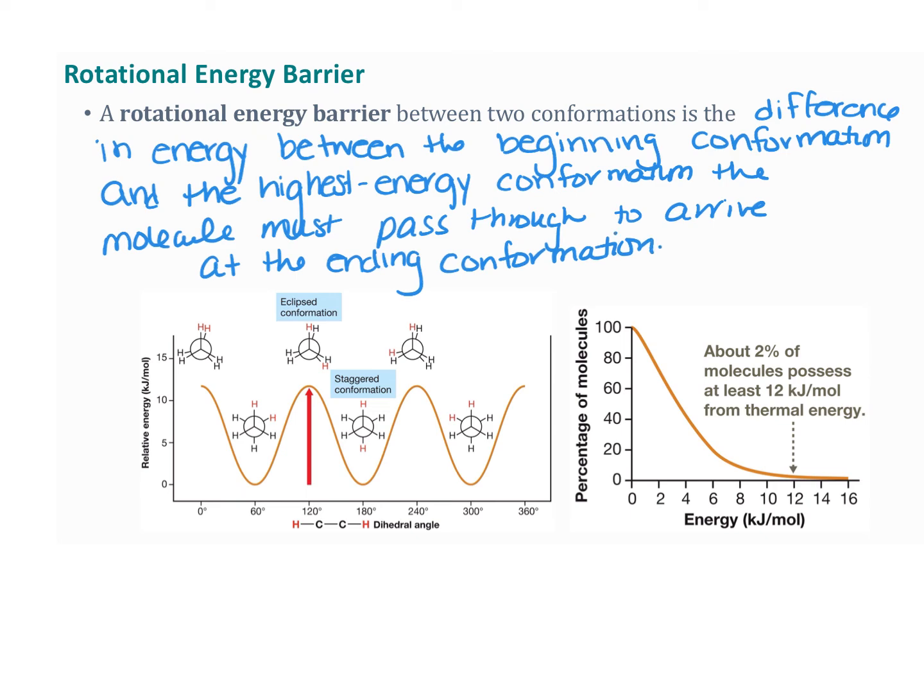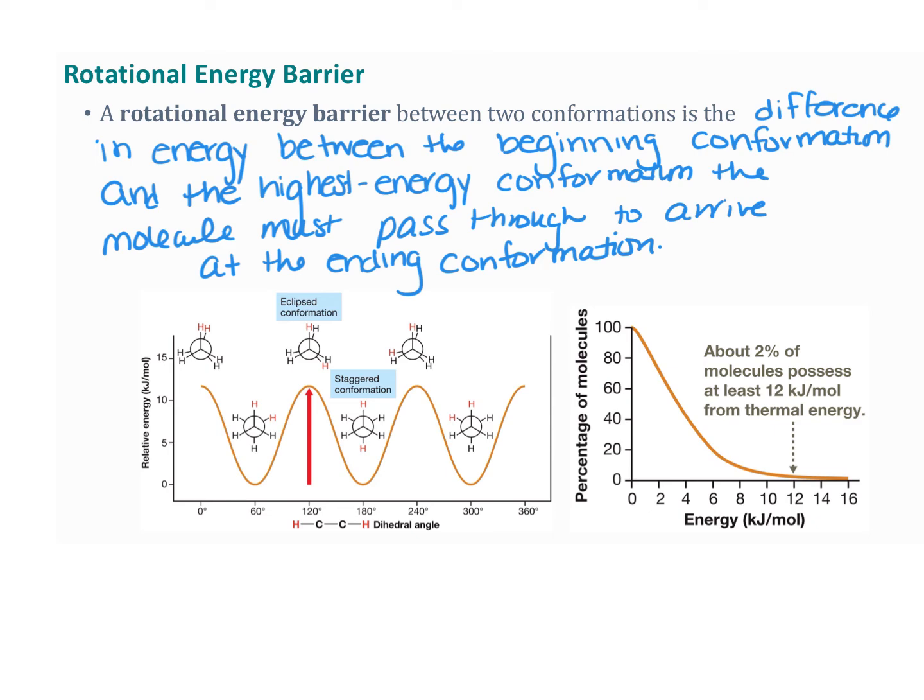Just to put this in a slightly different way, to get from one staggered conformation to another requires the molecule to have enough energy to surmount a rotational energy barrier, and that's this hill here.